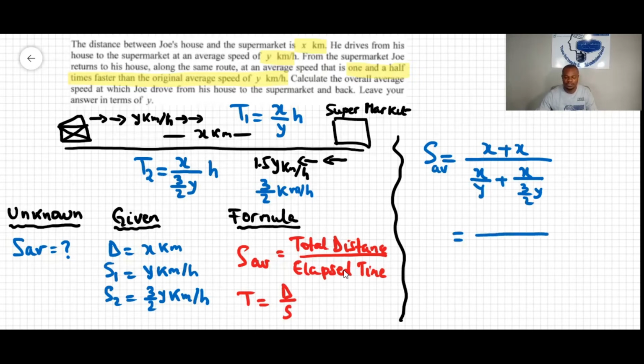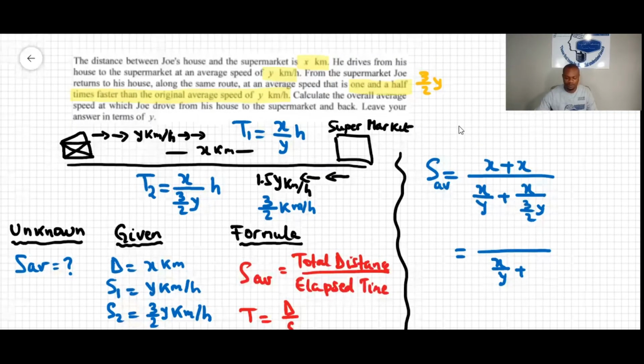This will be X over Y plus X over 3/2y, which can be written like this. It's the same thing as X over 3y/2.